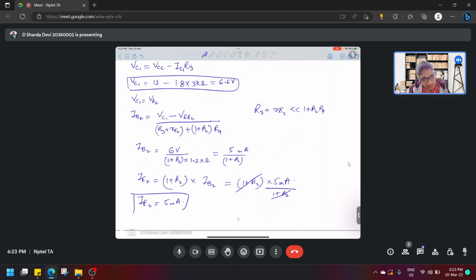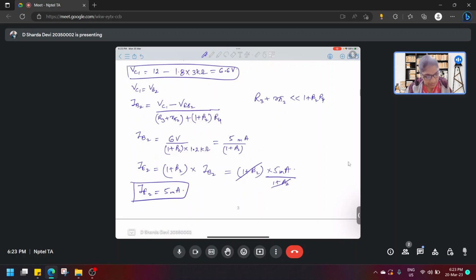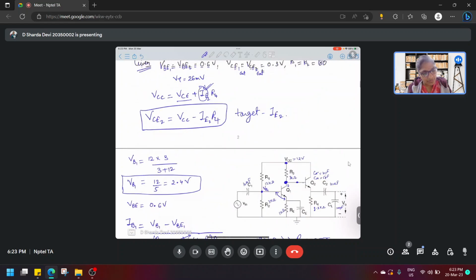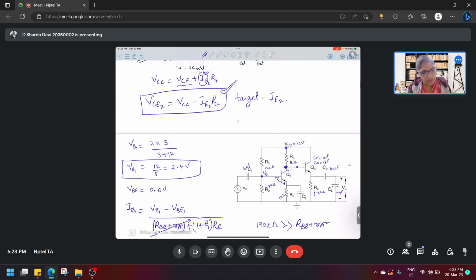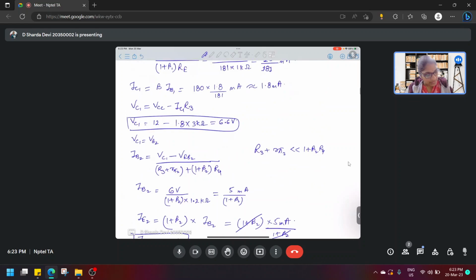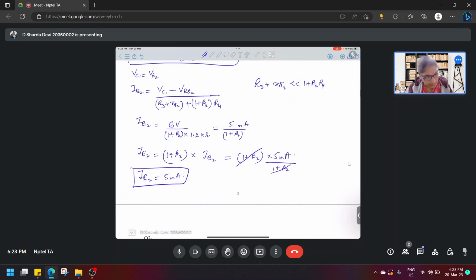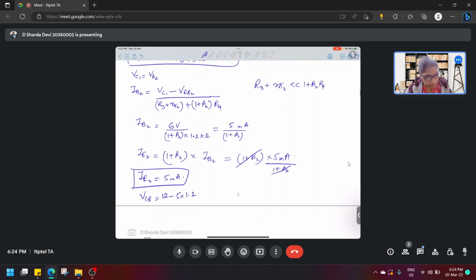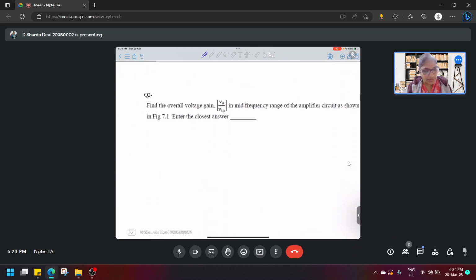Now since we know IE, we'll put it in the very first equation that we said we'll use, and we'll get the final VCE. VCE is 12 minus 5 into 1.2. So VCE2 is 6 volts. Okay, after this, we'll move on to the next problem.